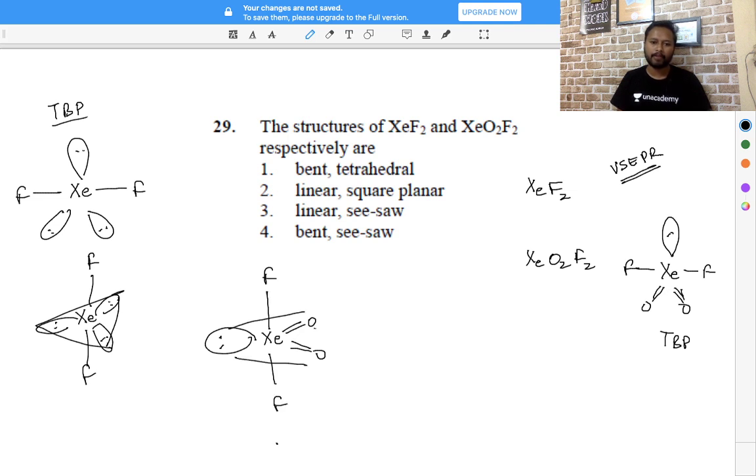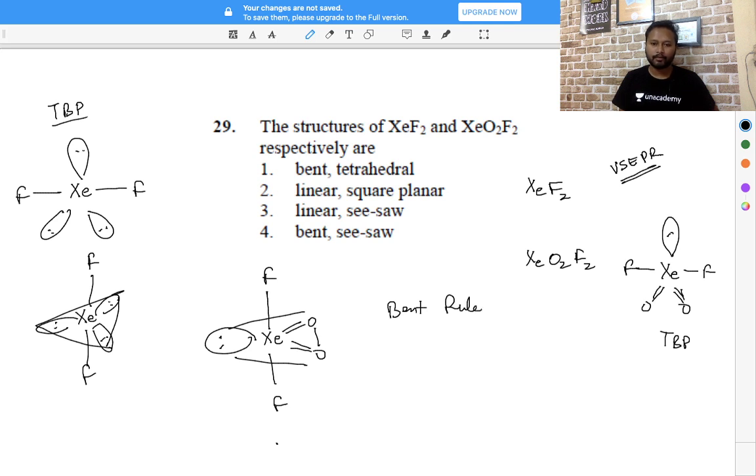Which one will stay on the axial position, oxygen or fluorine? That will be decided through Bent's rule. Which has to remain on the axial position, fluorine or oxygen? Bent's rule, you all know about it, right?